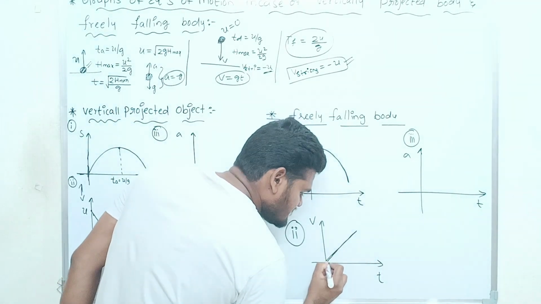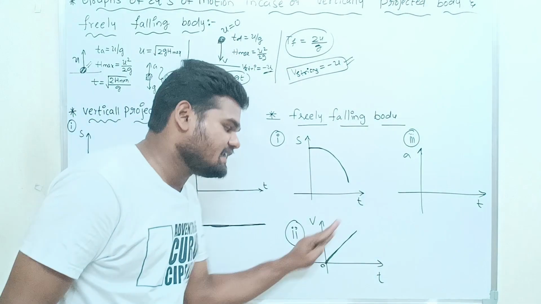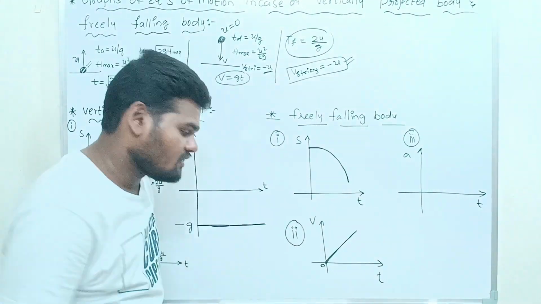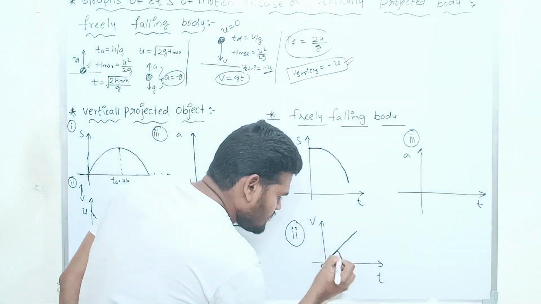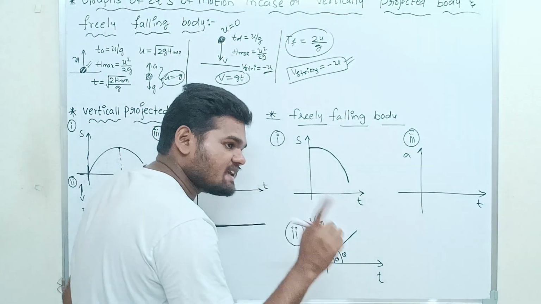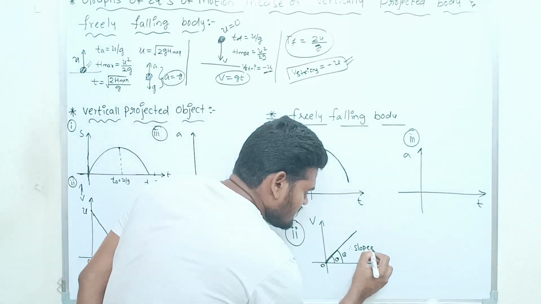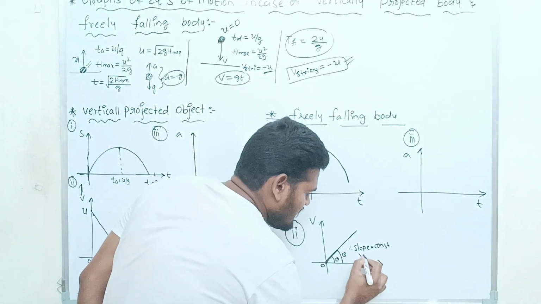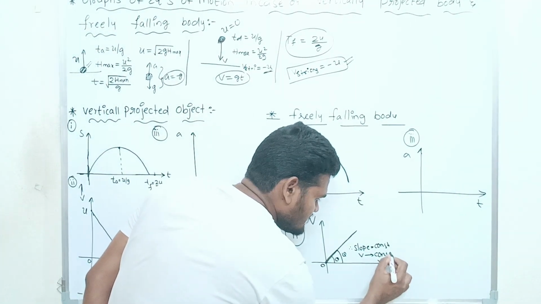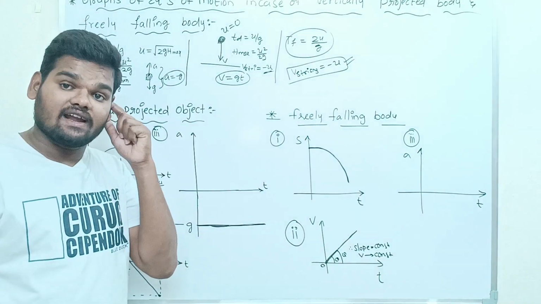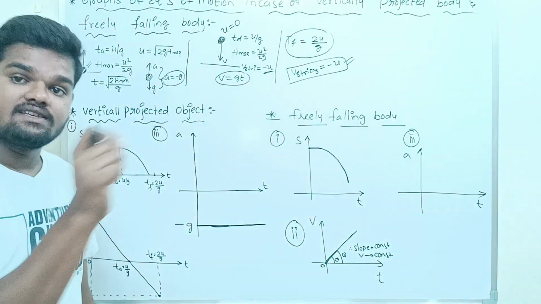Have a look. All the points on the slope are at the same angle, a constant angle, so the slope is constant. If theta is constant, tan theta is constant, then the acceleration of the object is constant.